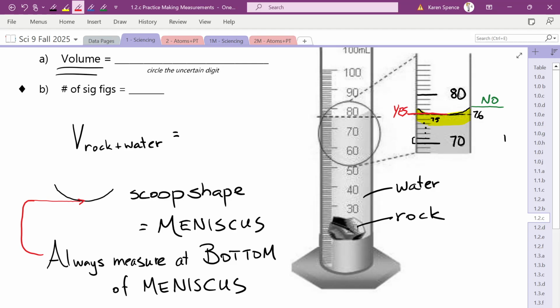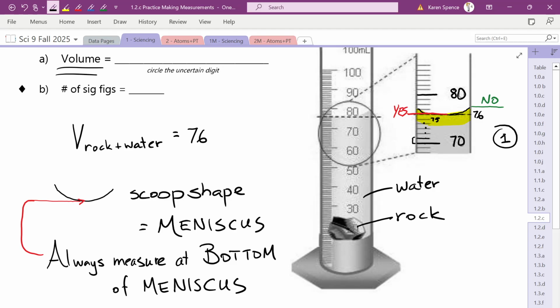So what would that volume of water be? We were at 76, so I guess I can write down 76. Each little line was worth 1. Anyone want to tell me what I should measure to? Is 76 good enough? No?